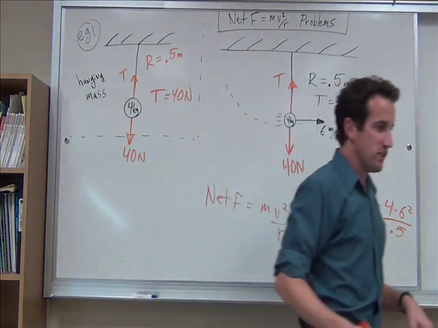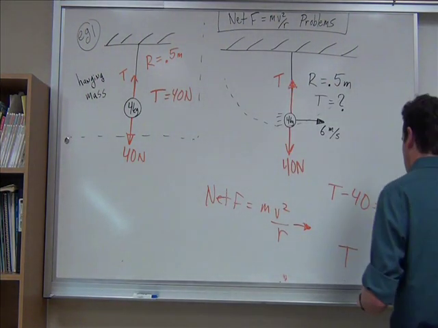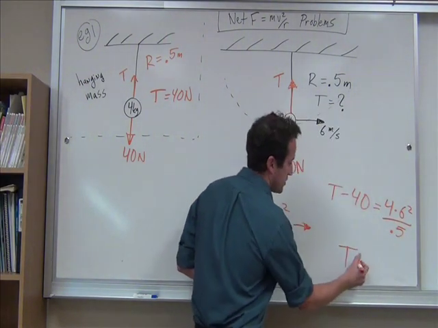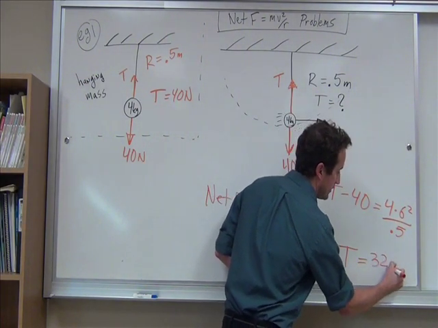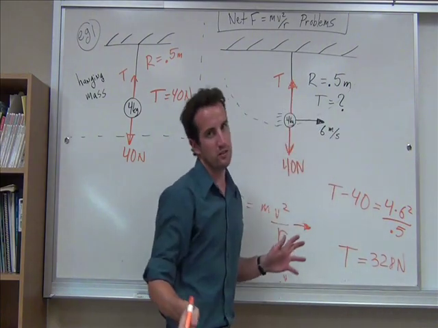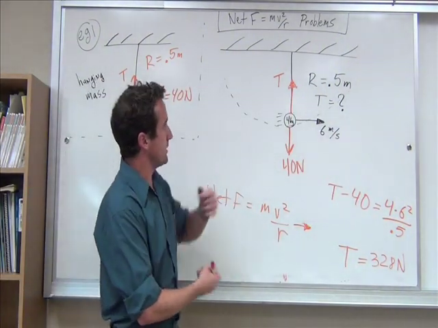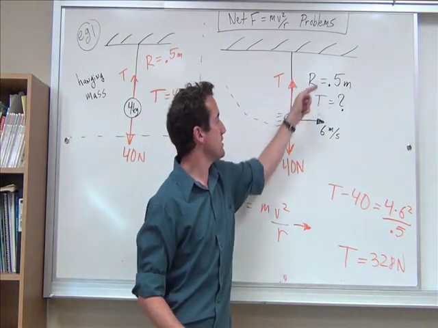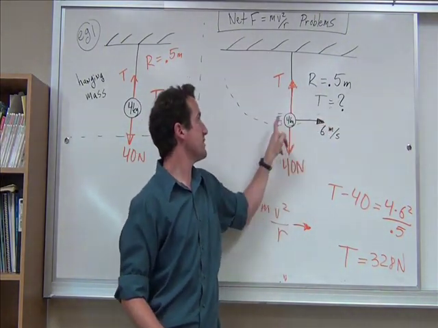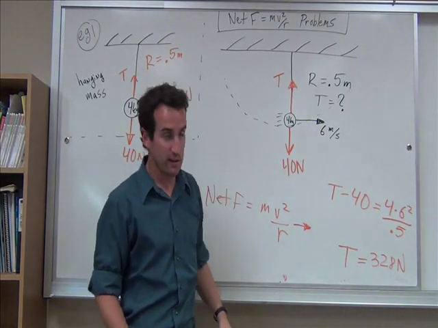A little calculation, and we see the tension is 328 newtons. Much larger than the original tension of only 40 newtons, and it's much larger because it's a very small radius swinging pretty fast, and it's a heavy mass, so that accounts for all of that.